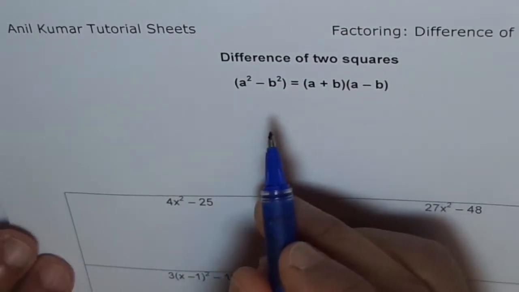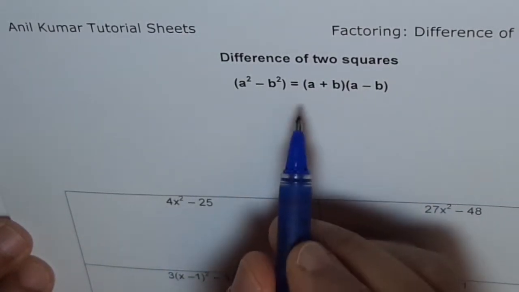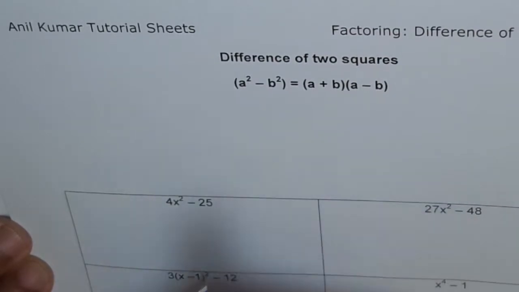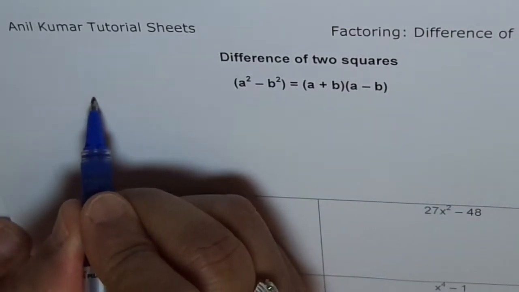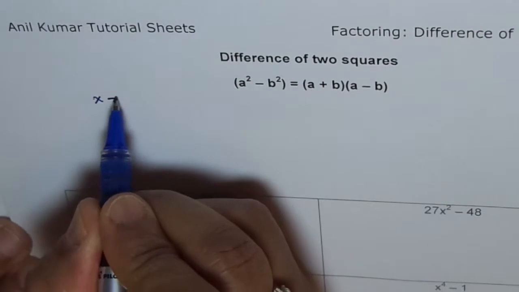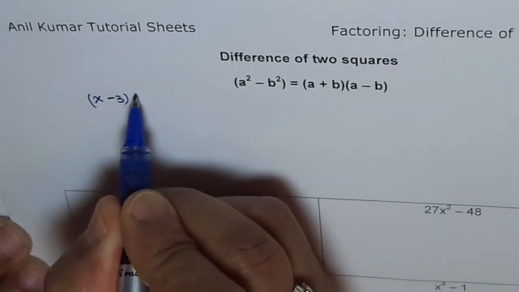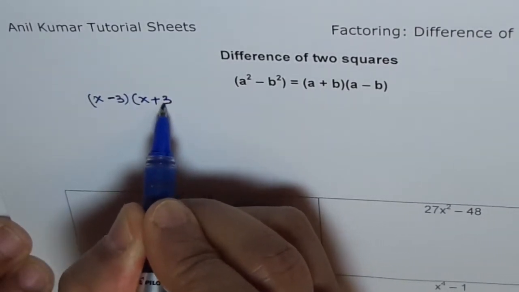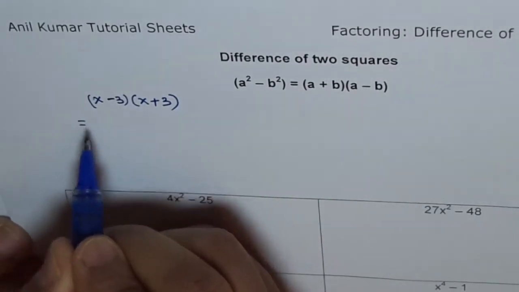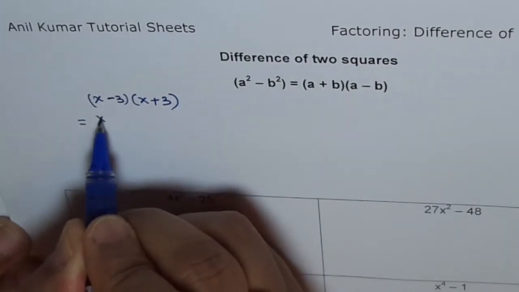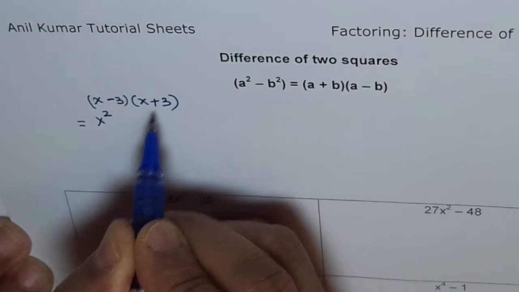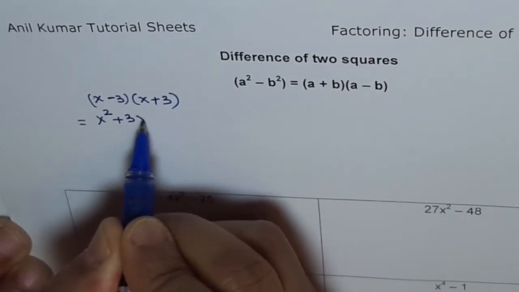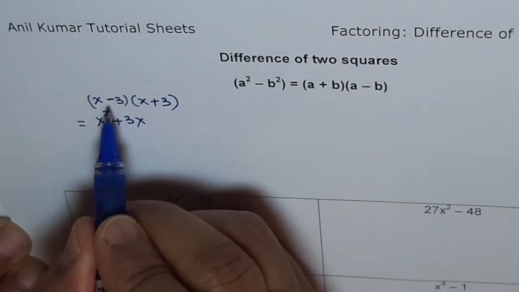Let's take some very simple examples. So instead of doing a and b, I'll take some numbers, okay? Let's say we have x minus 3 times x plus 3. Now if I expand it, x times x is x square, x times 3 will give me 3x. Now let me multiply with minus 3.